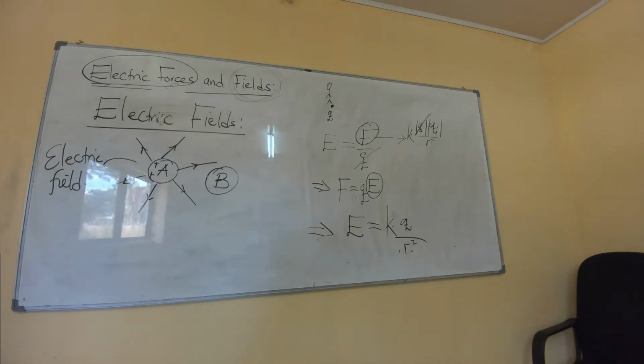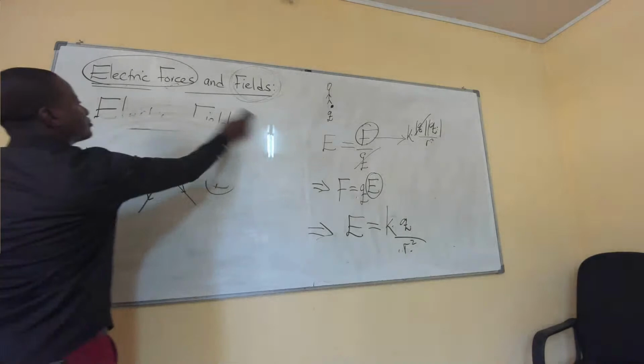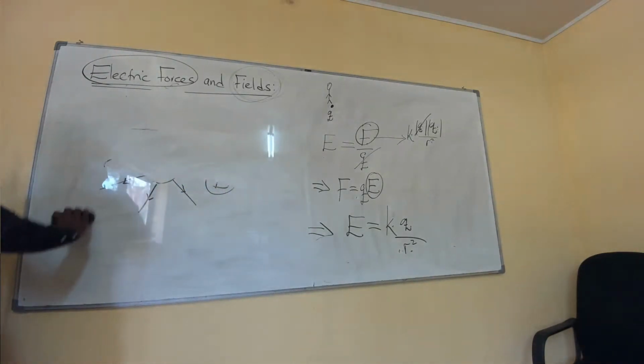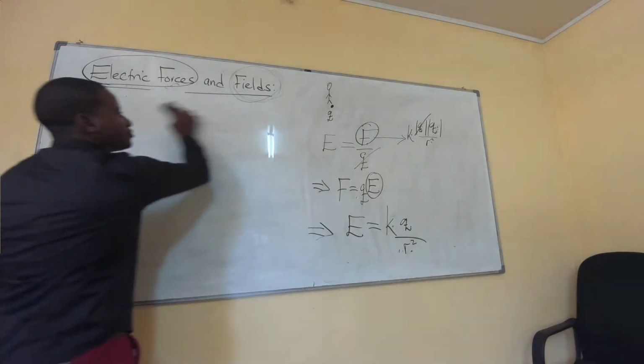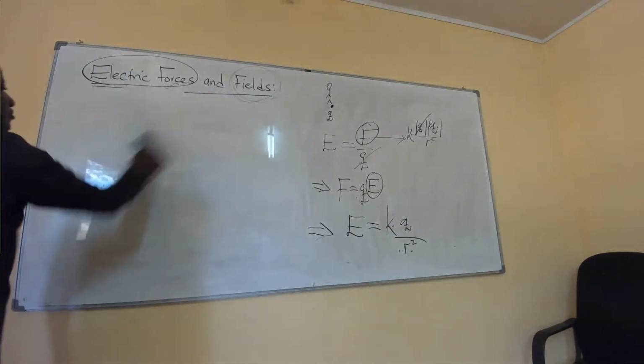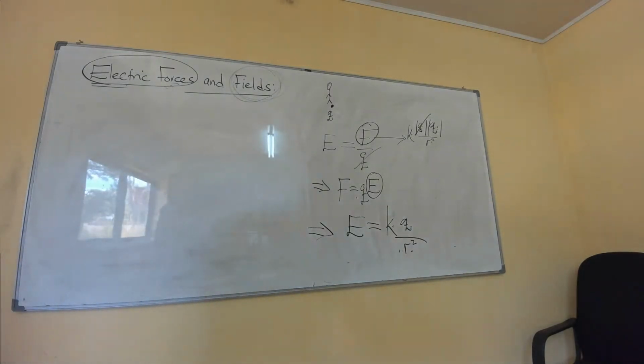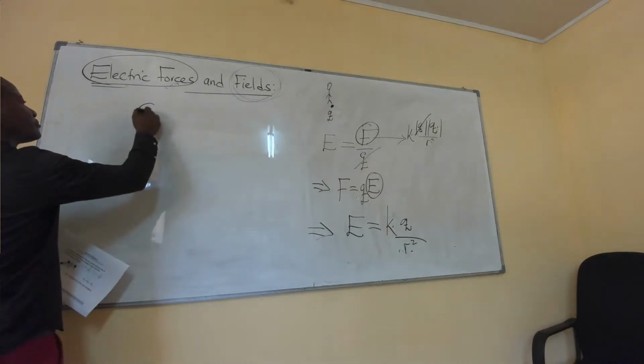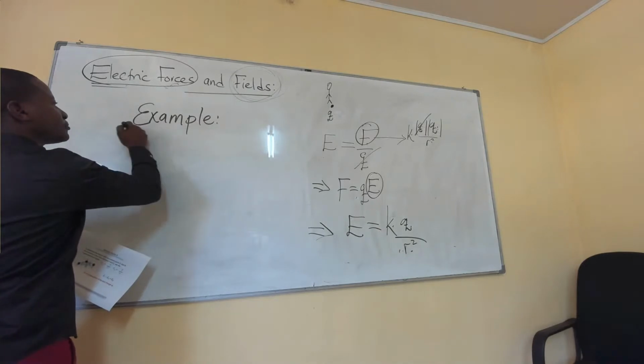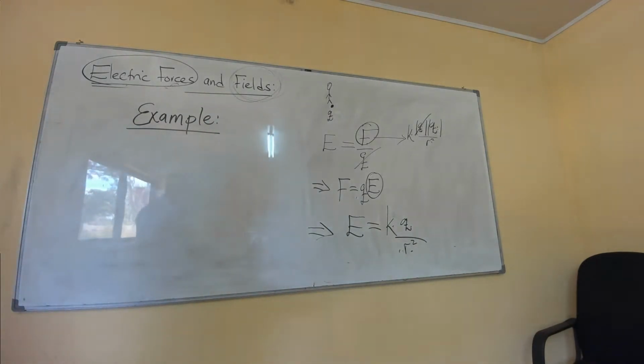Okay, let's look at an example. So we are saying to determine the electric field at a certain point, which is, of course, 0.3, due to the presence of two other charges, 1 and 2.